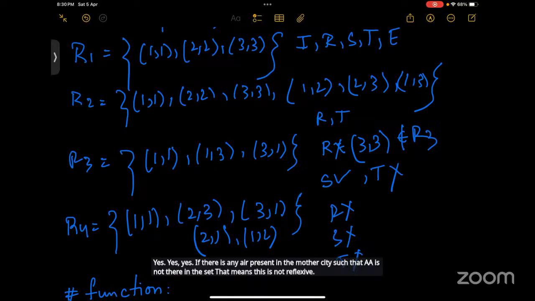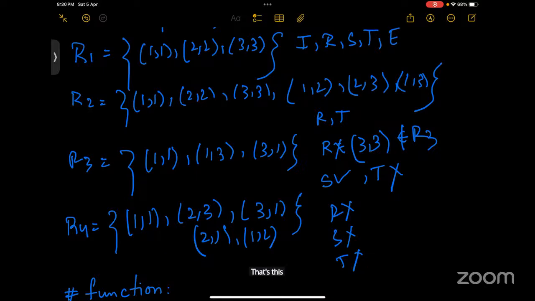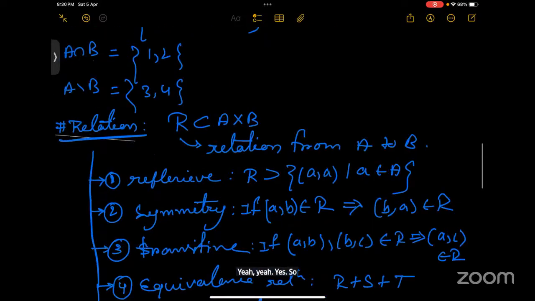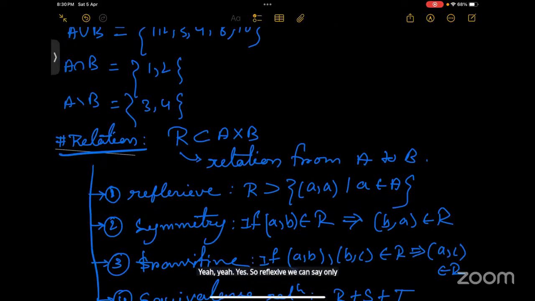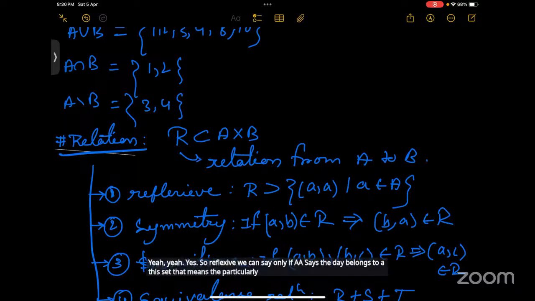That's how this rule is applicable only for reflexive. So we can say reflexive only if A, A is there for every A in the set, that means the identity relation is a subset of that relation.